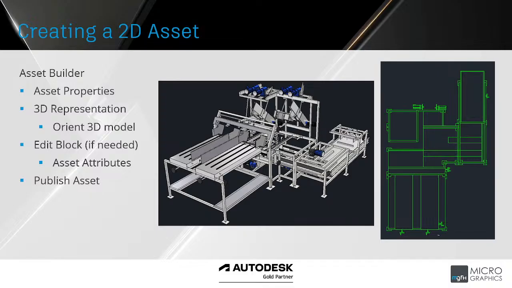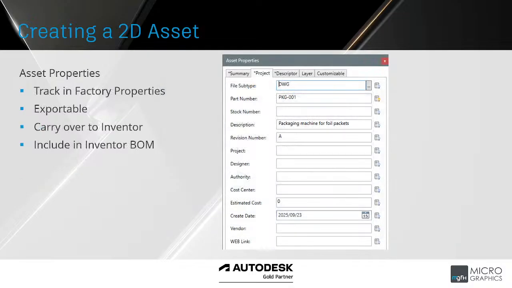So during the asset builder process, as mentioned, you'll fill in the properties, you will set up the 3D model, you'll edit the block if needed, include more attributes, change the geometry, and then you'll go through the publish process.